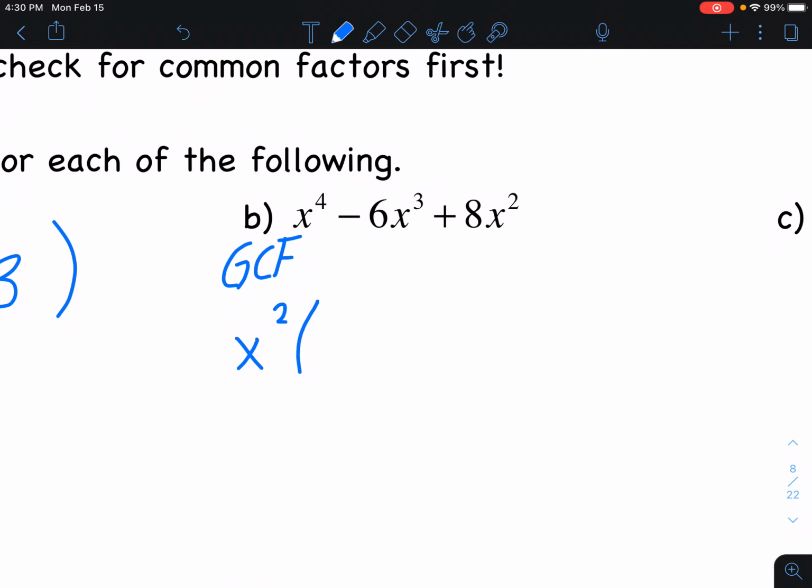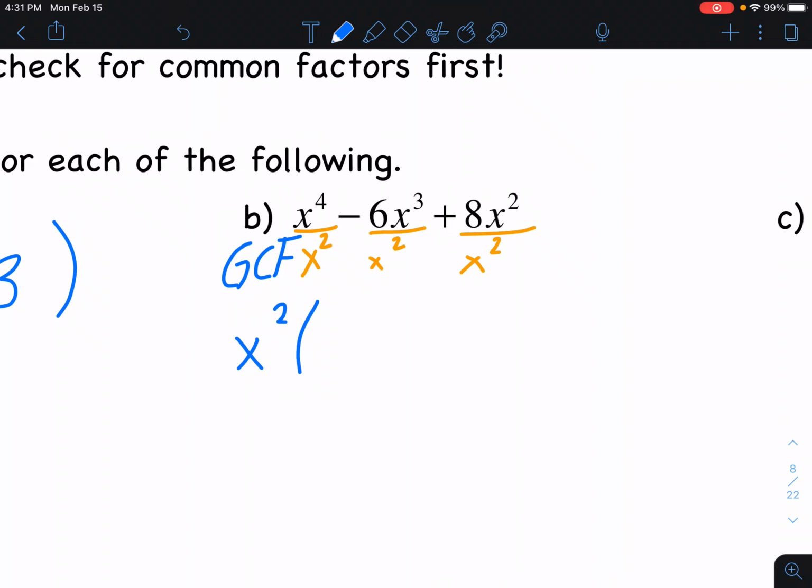So remember, after that you have one set of parentheses, and you must carefully divide everything by your GCF, which is x squared, because you need to determine what's left over when you factored out that x to the second power. Now remember, when we're dividing the exponents, what are we really doing?